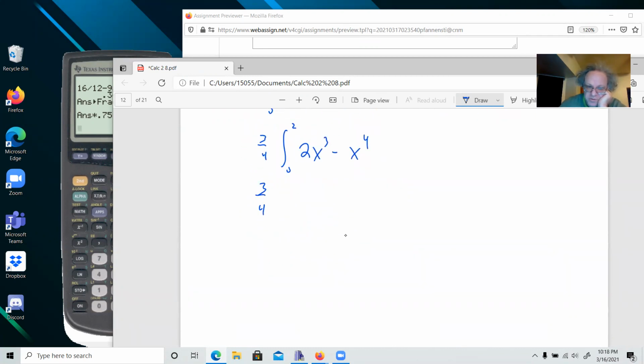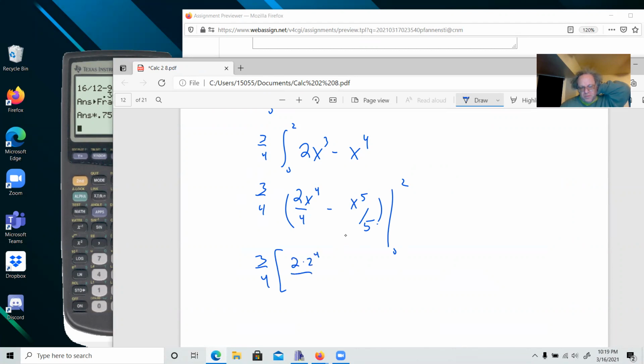This is 3/4 times 2x to the 4th over 4 minus x to the 5th over 5, going from 0 to 2. If I plug in 0 here, that's going to be all 0. So I'm just going to worry about the 2 here. So this is 3/4 times 2 times 2 to the 4th over 4 minus 2 to the 5th over 5.